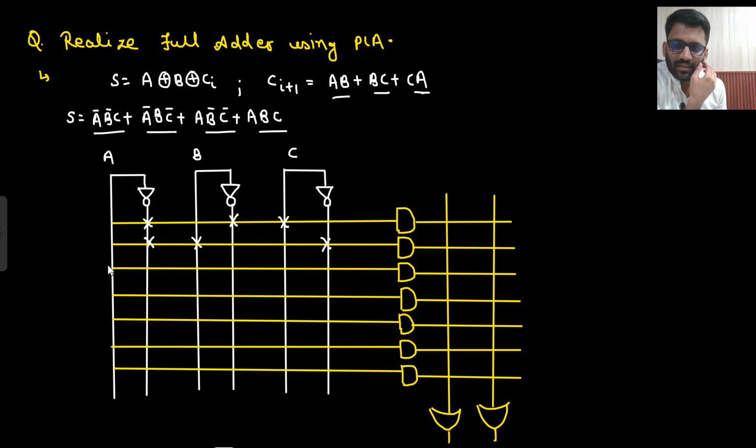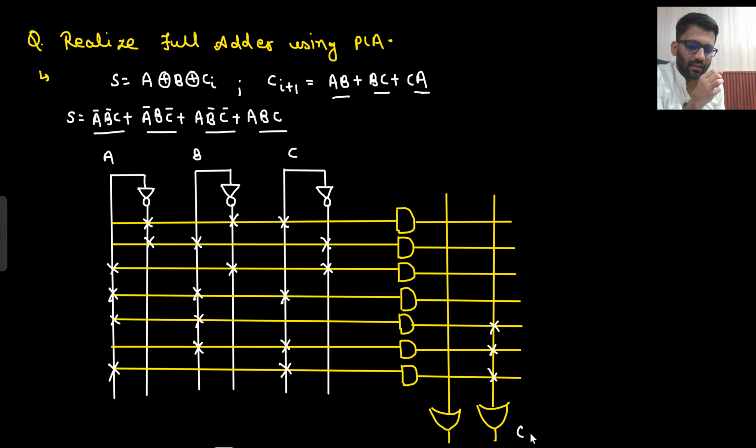Okay, A, fine. AB, BC, CA, fine. So AB, BC, CA.